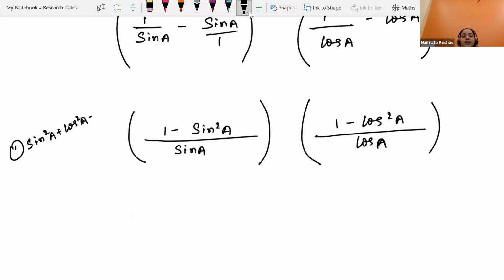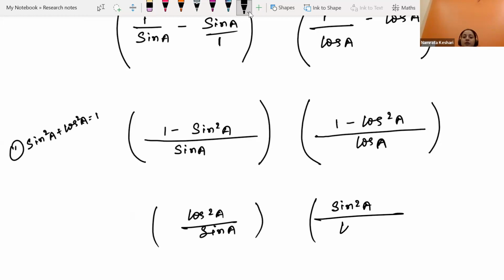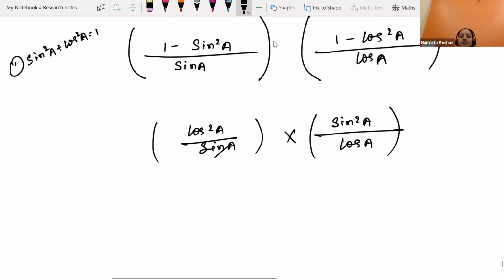So in place of 1 minus sine square A, we can write cos square A over sine A. In place of 1 minus cos square A, we can write sine square A over cos A. Now let's see if any cancellation is possible, because both are in multiplication. One sine A cancels and one cos A cancels, and we get cos A into sine A.